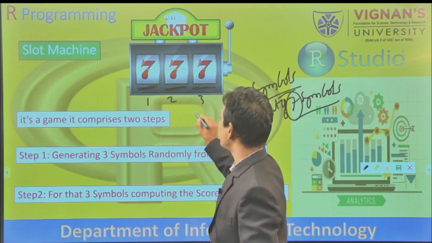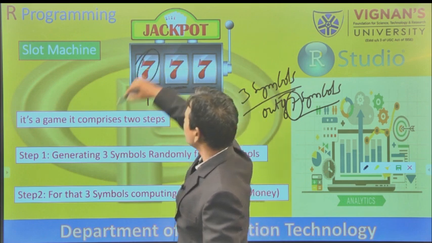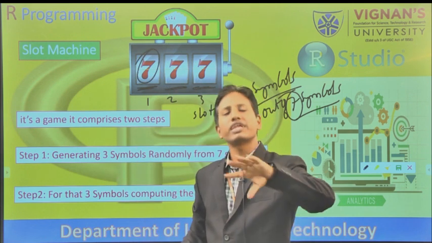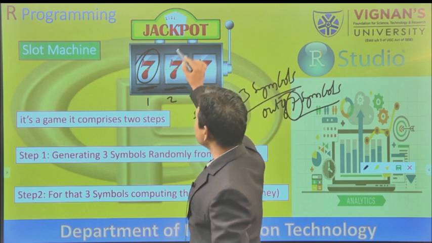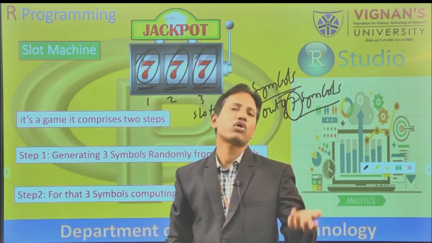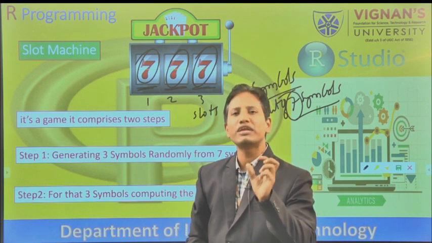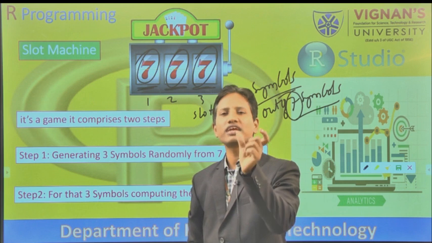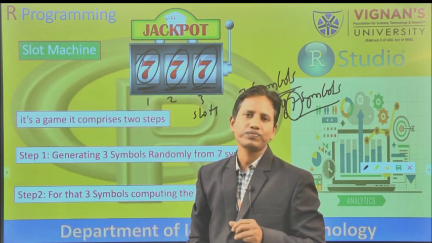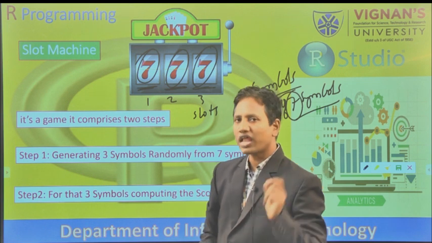In this slot you may get any one symbol out of 7, and in this slot you may get any symbol out of that 7, and the prize money is going to depend on the symbol set you got. Okay, that's going to be the slot machine.